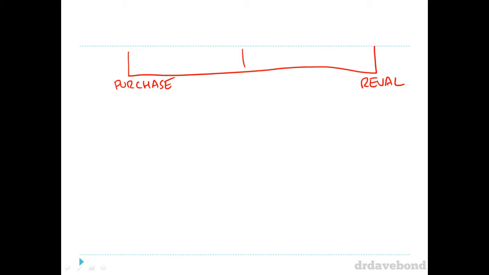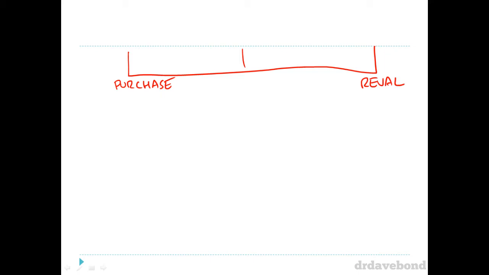Okay, so what do we have here? Purchase, reval, and there's just a year end in here.